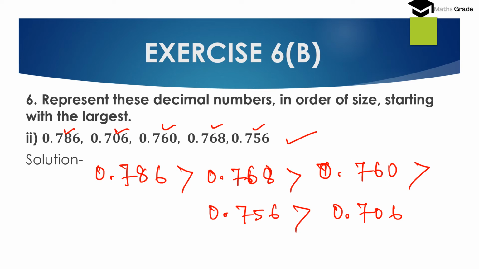So 0.786, then 0.768, 0.760, 0.756, and 0.706. These are the decimals represented from the largest to the smallest. So 0.786 is the largest decimal and 0.706 is the smallest decimal.